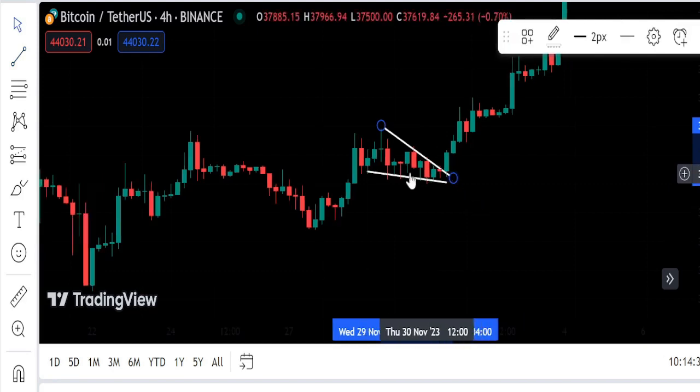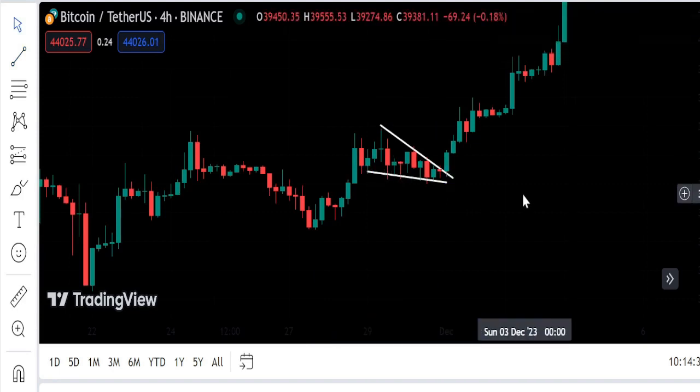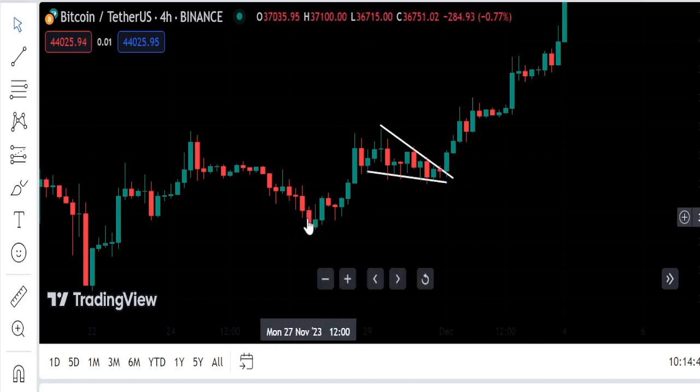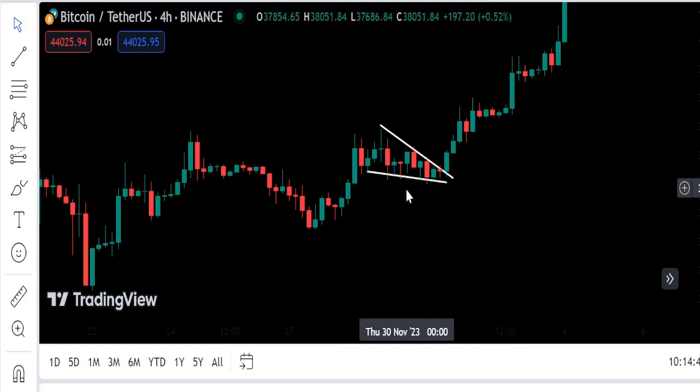And once again, this is the formation of our falling wedge pattern. We see that the price has been moving upwards, and this is just a temporary pause or a break on the movement of this price.